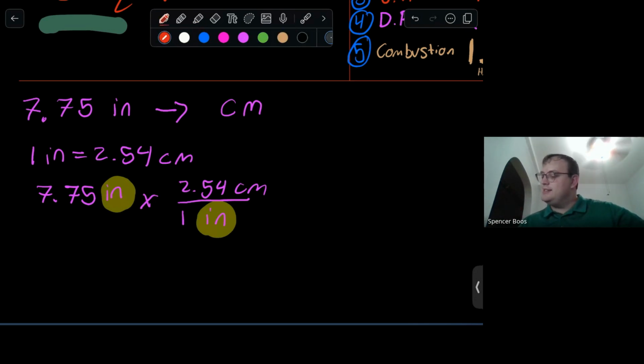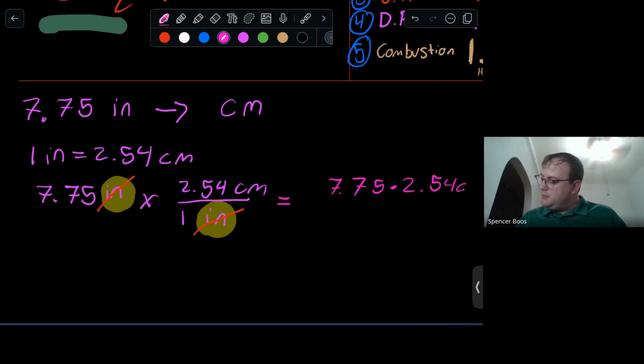The reason is because they cancel each other out. Because at the end of the day, I don't want inches. I want centimeters. So now what I do here is I have 7.75 times 2.54 centimeters over 1. So I pull out my handy dandy little calculator.